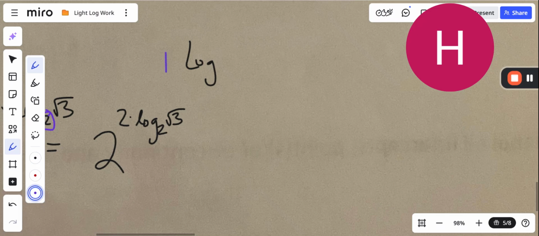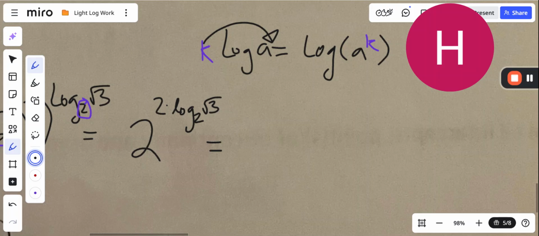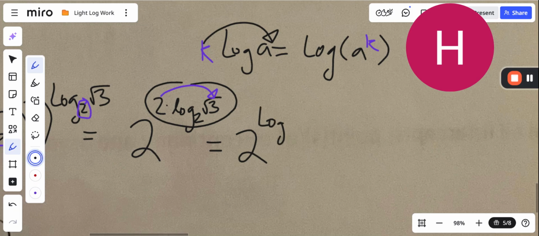Usually it's something like k times log of a equals log of a raised to the k power. So this can kind of move up there. And that's exactly what we're going to do next. So in here, we can take a 2 and put that as the power here, which means we're squaring the square root of 3. And you can see why that's really nice, right? You square square root of 3, you just get 3.